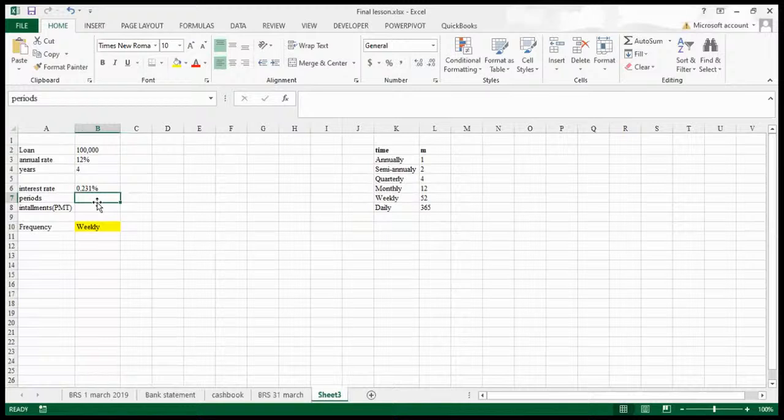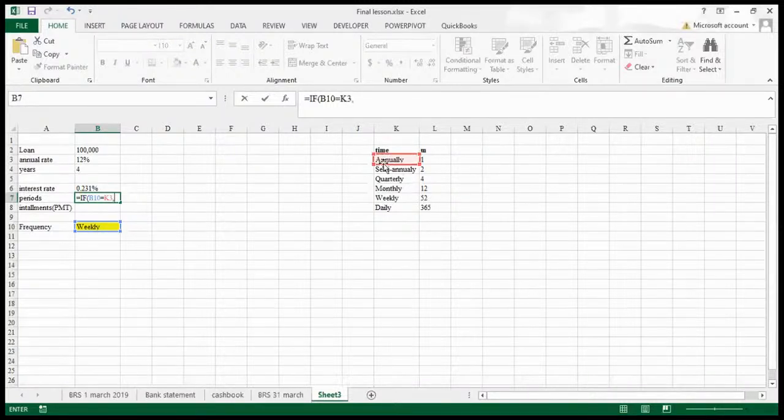So we are going to say equal if this weekly or frequency is equal to annually, comma, I will take the number of years multiply by the frequency of payment per year, comma, I bring another if.